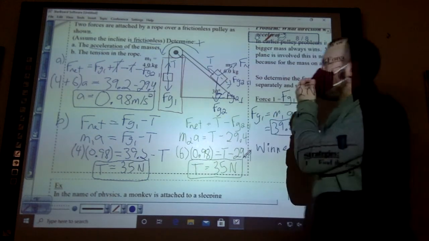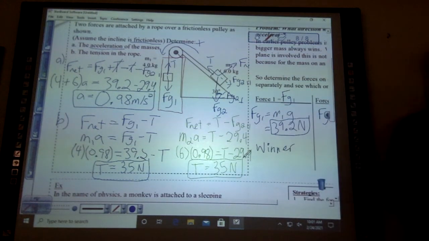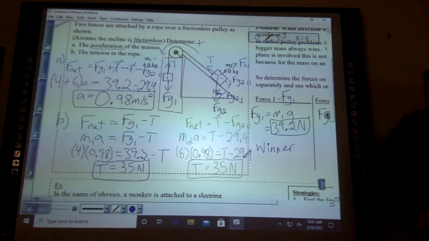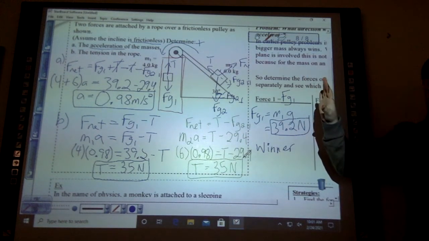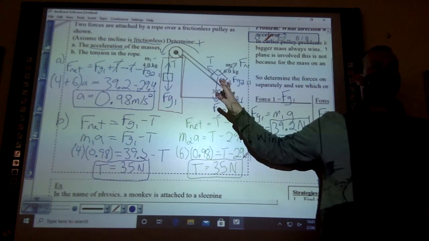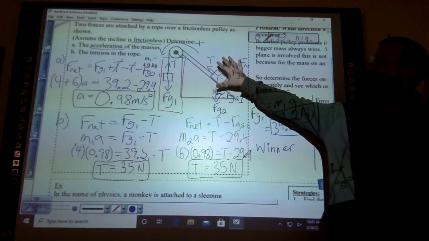So just like when I'm looking at this whole system and I'm trying to figure out what's happening in this whole thing, I don't care what you're doing in your chair right now because you're not a part of the system. So maybe you have an indirect effect on this, but if I'm not looking at you directly, I'm just focusing on this. Same thing when I ignore one of the masses.